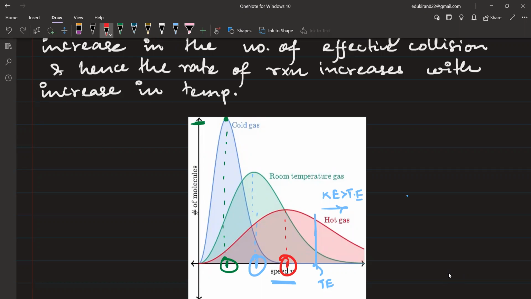But the speed of an individual molecule for different temperature is different. I don't know why the but was necessary. What is the but implying here? Obviously, if you're having different temperature, the speed of a molecule is going to be different.